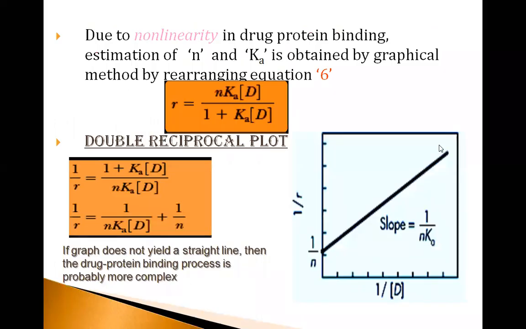So this equation 6, I have written the equation here. This is the final equation we have simplified with respect to R. R is moles of bound protein divided by moles of total protein. And moles of total protein is the combination of bound protein plus the free protein. Okay, fine.